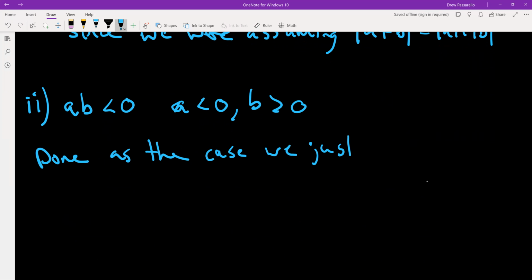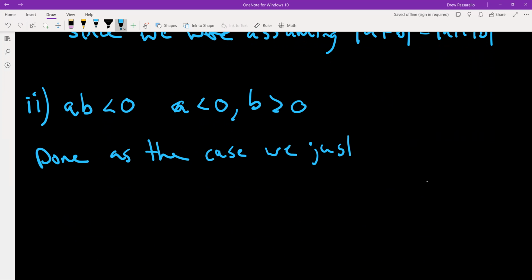So hence, it is not the case that the absolute value of a plus b equals the absolute value of a plus the absolute value of b if the product is negative, or when a times b is less than 0.